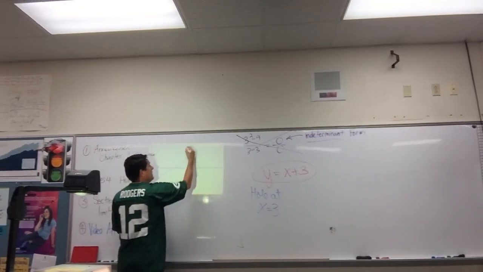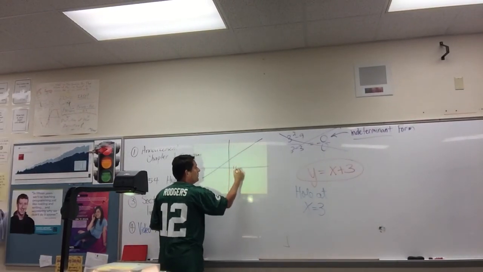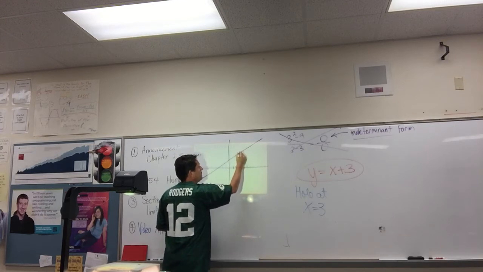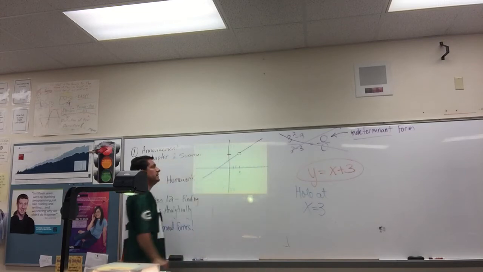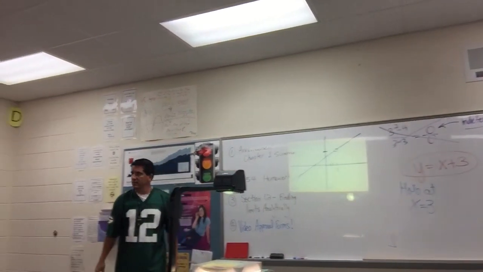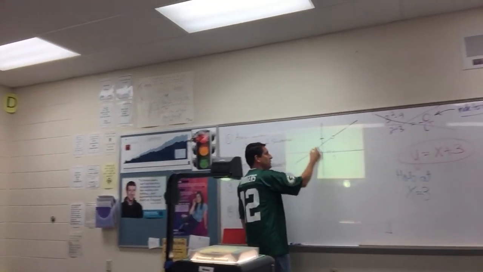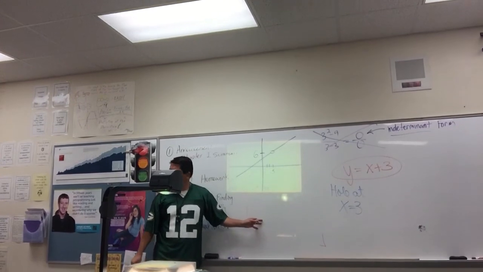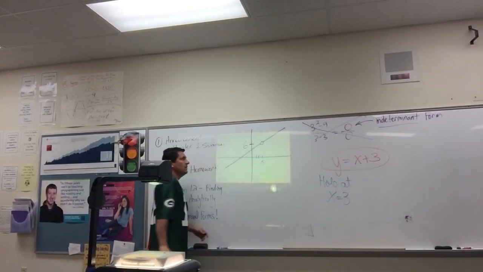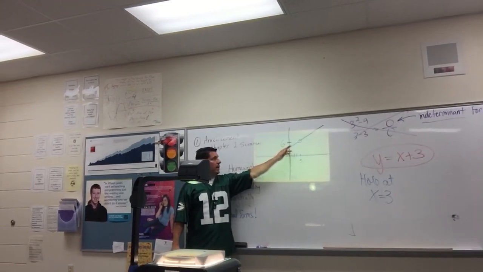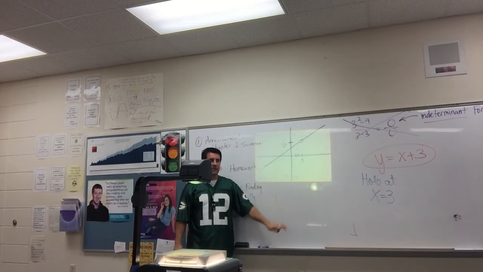So if I were to graph it here, 1, 2, 3, there's actually a hole. And what is the y-coordinate that it should have been? 6. Because remember, we just figured out the limit was 6. As we approach from the left and from the right, we can say graphically that the answer to the limit is 6, but we did it analytically and got the same answer.